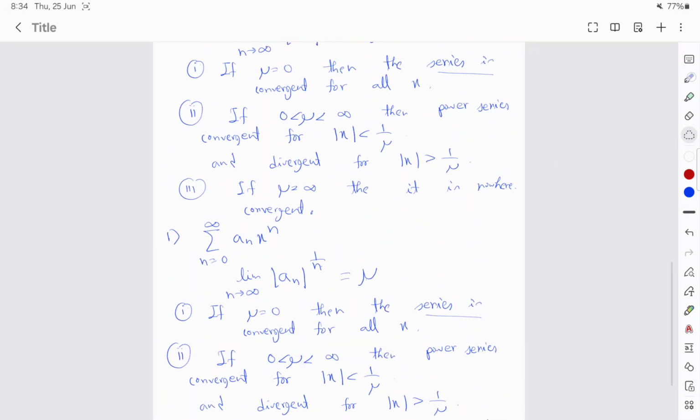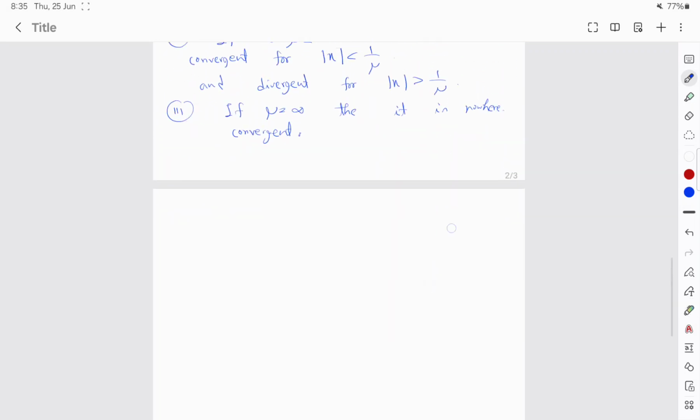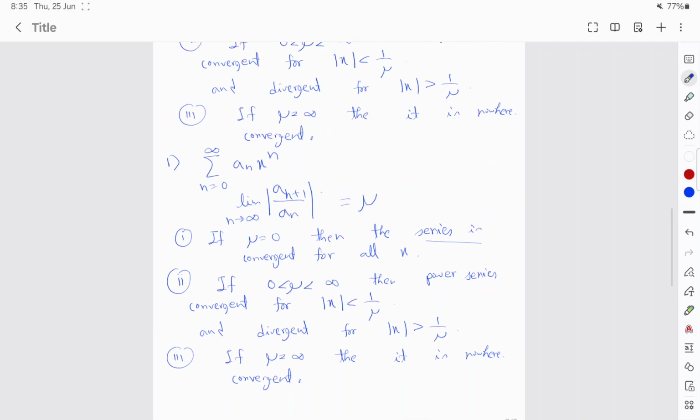Here basically, instead of this root test, if you consider modulus of a(n plus 1) by a(n), suppose this is mu, after that everything is the same.